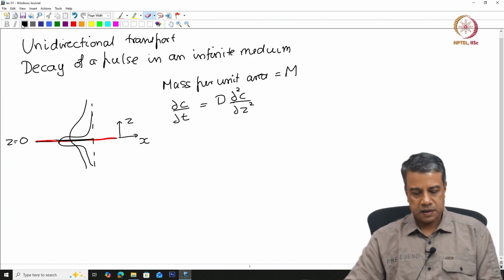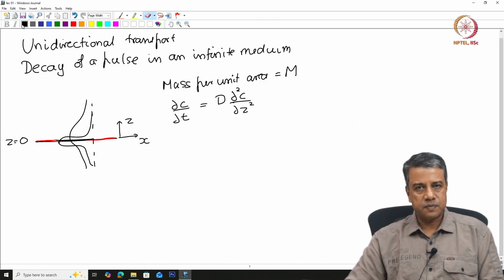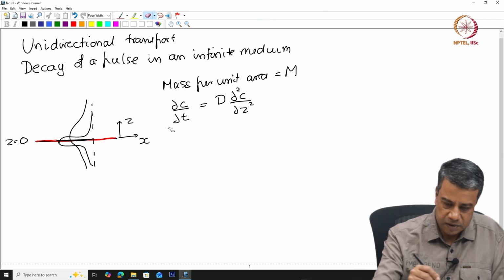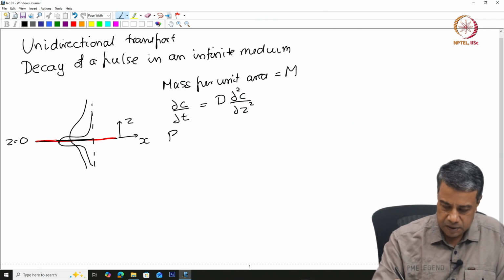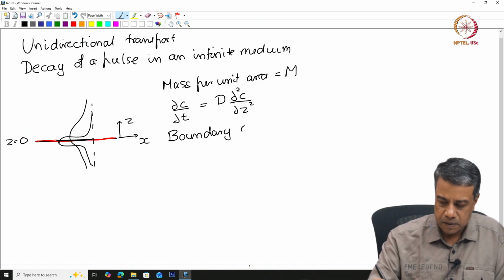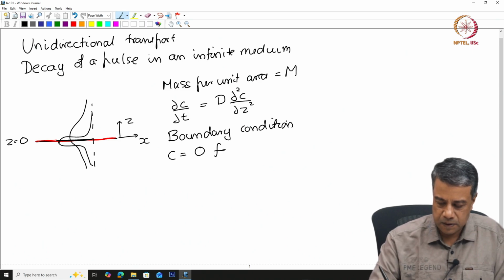And since the medium extends to plus or minus infinity, the boundary conditions are c is equal to 0 for z going to plus or minus infinity.